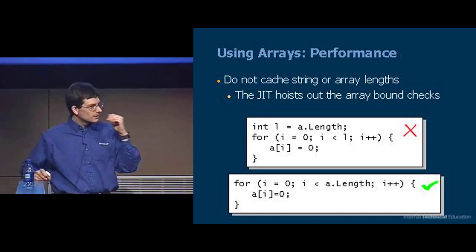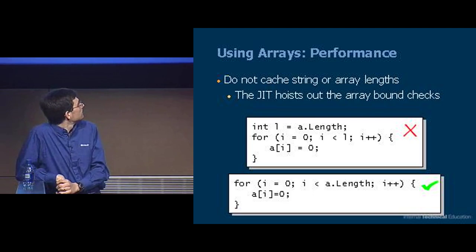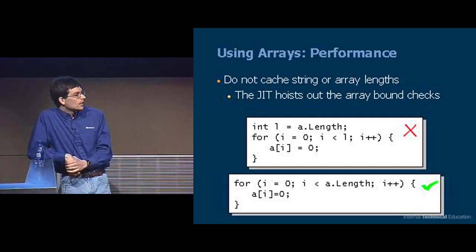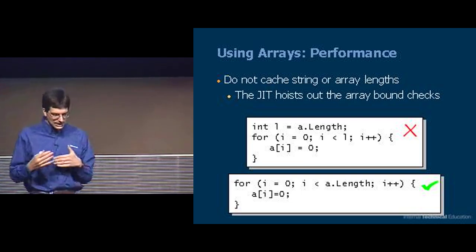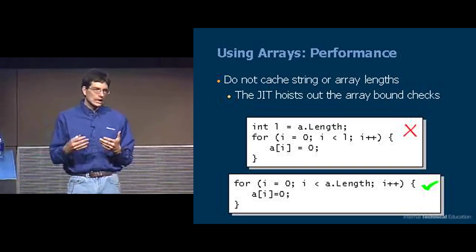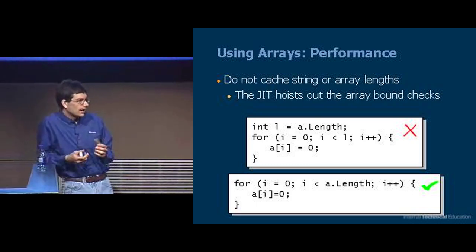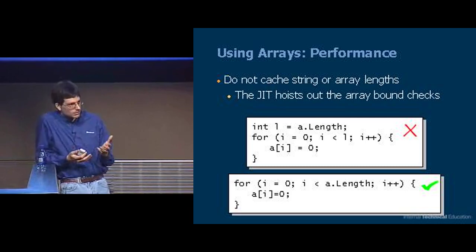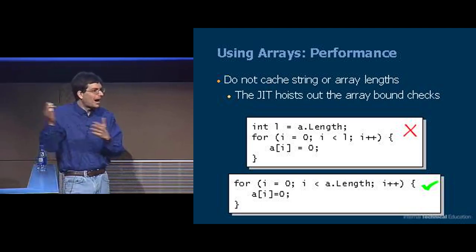Another question. Is there no chance that the code inside the loop will change the length of the array, or do you have any checks to verify that the code inside the loop will never change that length? His question is, can the code inside the loop change the length of the array? The length of the array is baked in when you created the array, so you can't change it. When you created it, you said it was a 5-element array.